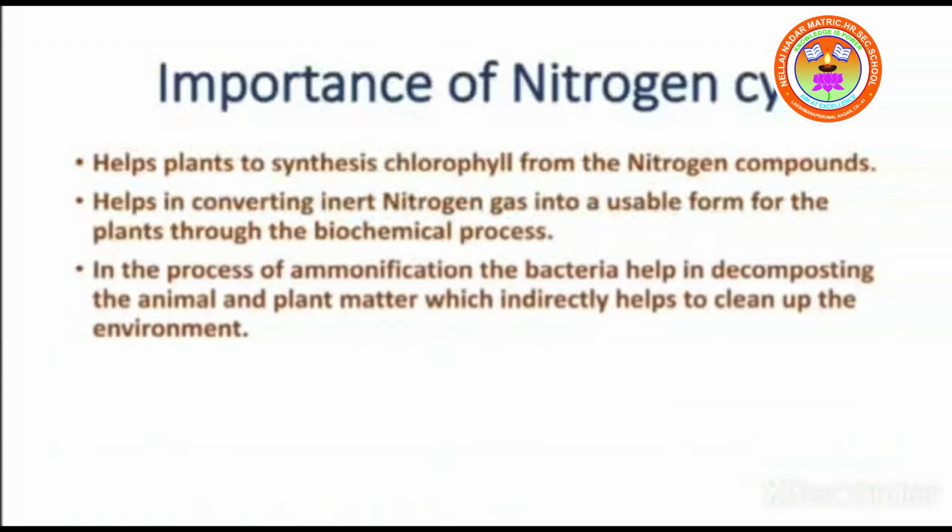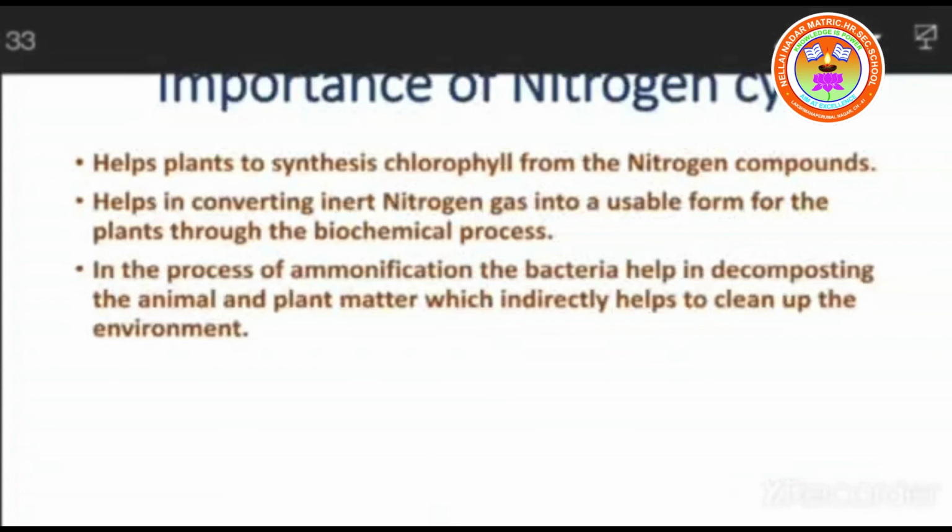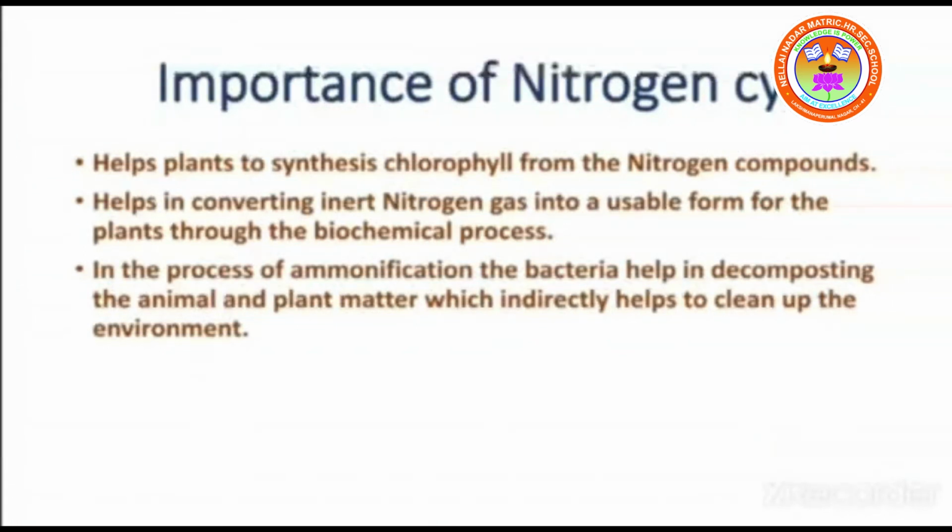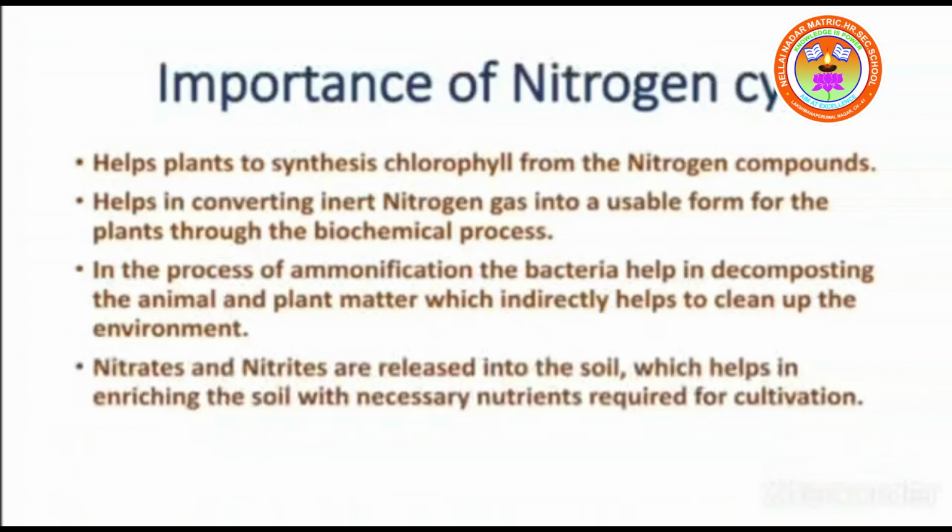In the process of ammonification, the bacteria help in decomposing animal and plant matter, which indirectly helps to clean up the environment. Nitrates and nitrites are released into the soil, which help in enriching the soil with necessary nutrients required for cultivation.